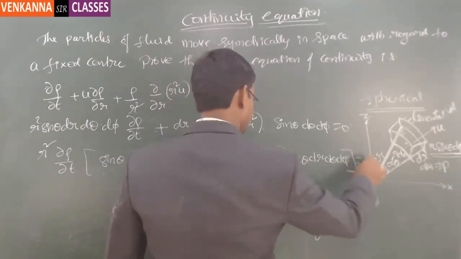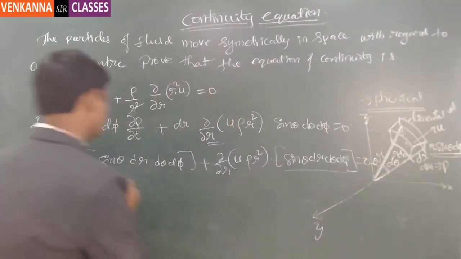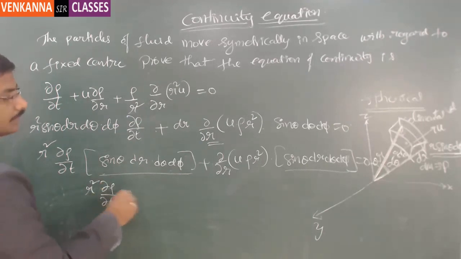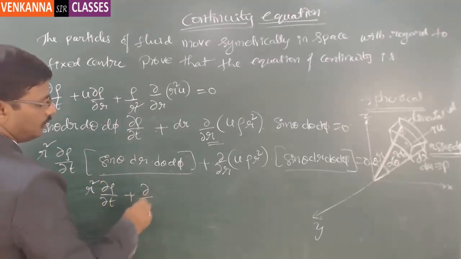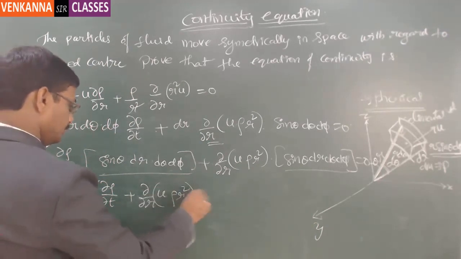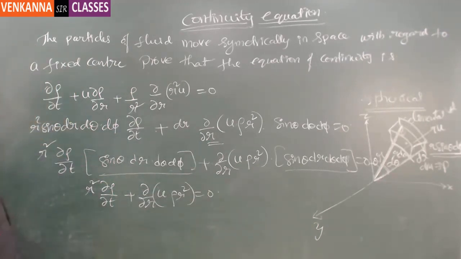This is equal to 0. Now this part you can take common as a factor and take to the other side, it will become 0. Then this will be r square into dou rho by dou t plus dou by dou r into u rho r square is equal to 0. Got it?